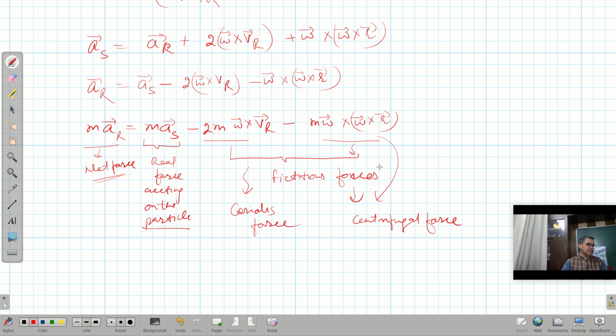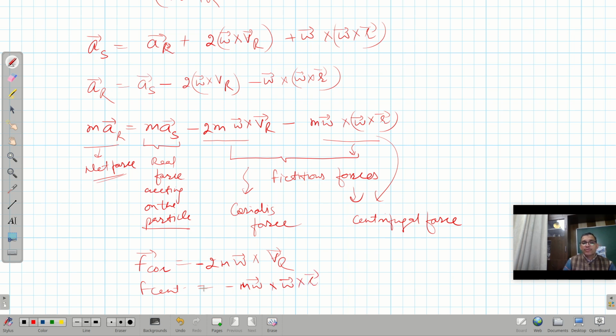Here the Coriolis force is represented like this: 2m omega cross vr, with the negative sign, and the centrifugal force is minus m omega cross omega cross r.